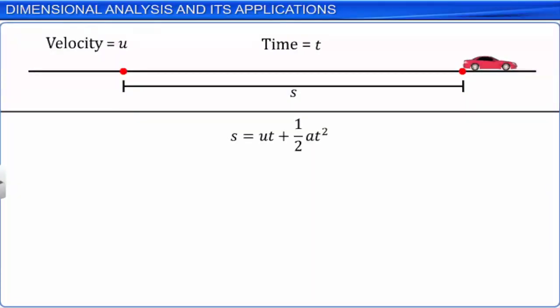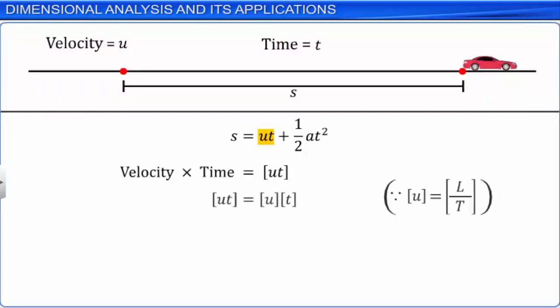In this case, in the first term, it is the product of velocity and time. The product of the dimensions of these quantities is LT power minus 1 into T, as shown. On simplification, we get L.